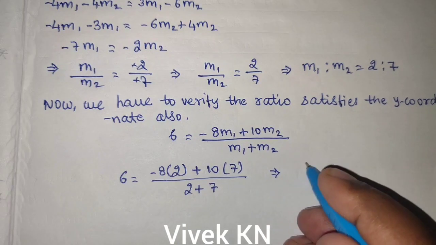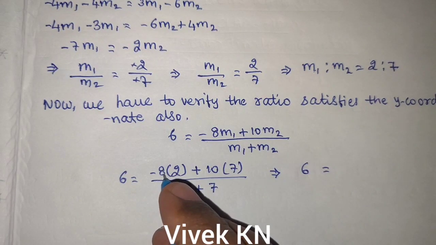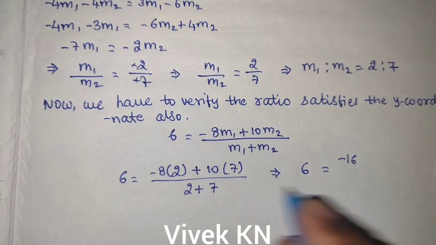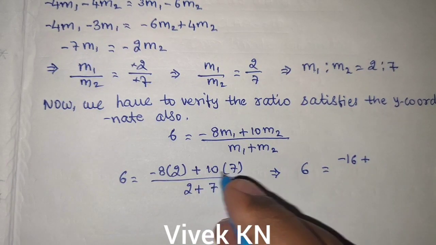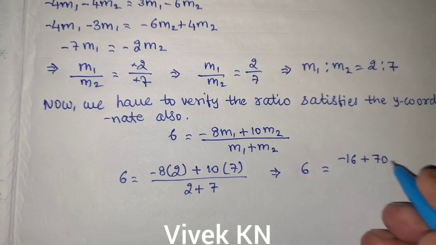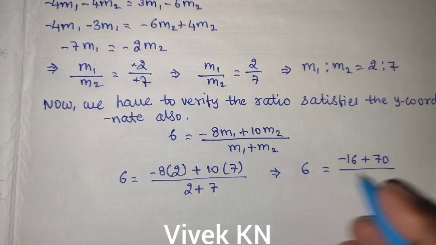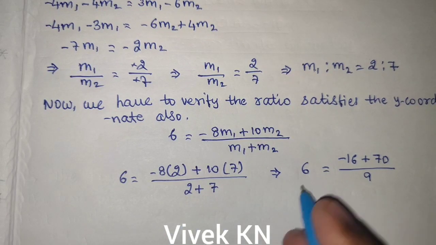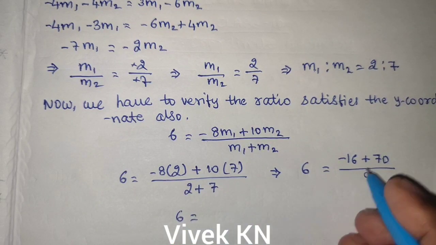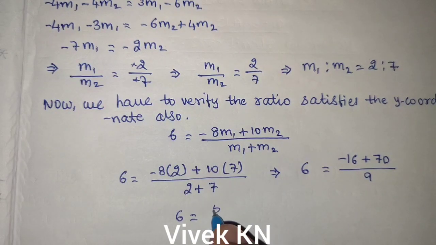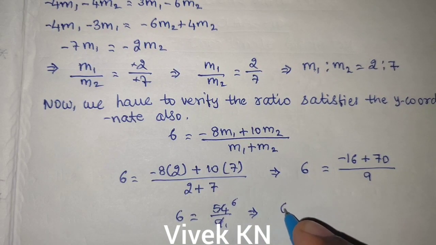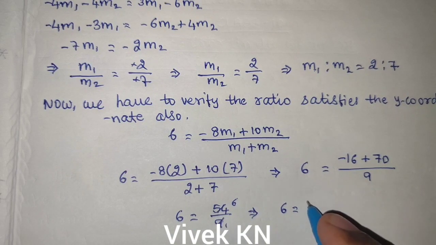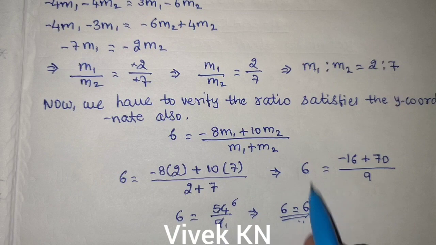That is 6 is equal to -8 into 2 is -16 plus 10 into 7 is 70, divided by 2 plus 7 is 9. So 6 is equal to 70 minus 16 is 54 divided by 9. That is 9 sixes are 54. That is 6 is equal to 6. Here the ratio satisfies this y coordinate.